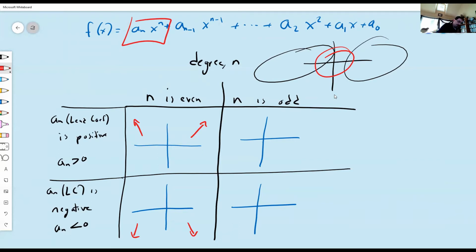So one thing I might make note of here: even degree is same direction. If you have an even degree, you're going to go the same direction, both up or both down. If you have an odd degree, your curves are going to go opposite directions as it goes to plus infinity and minus infinity.